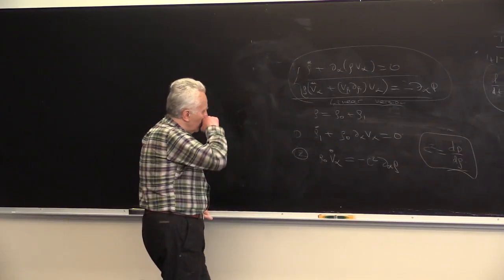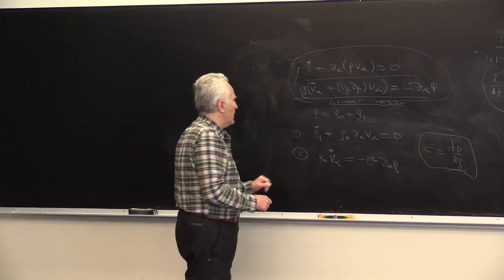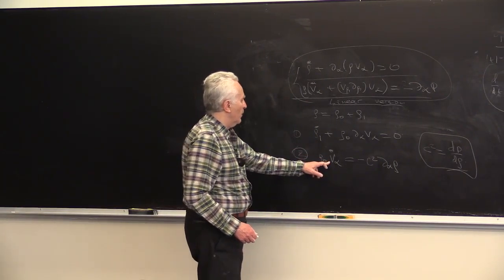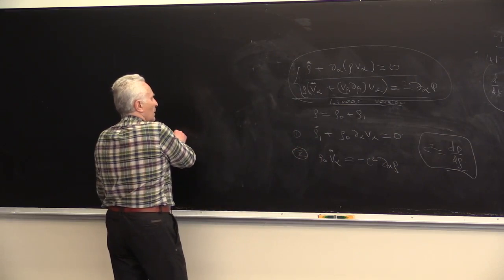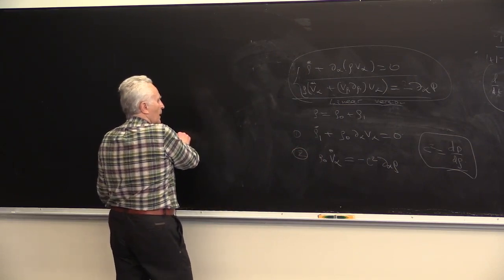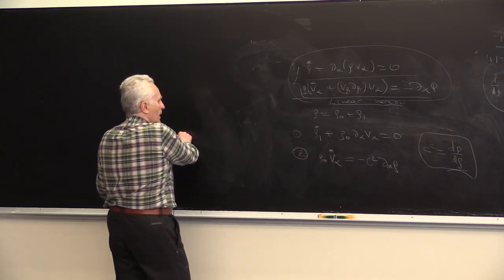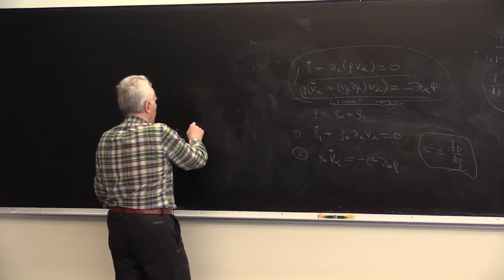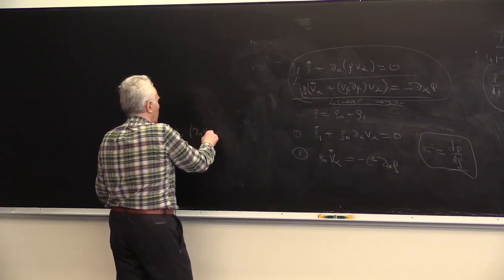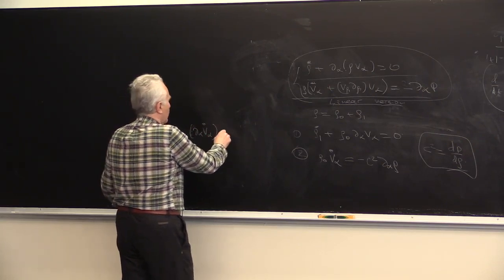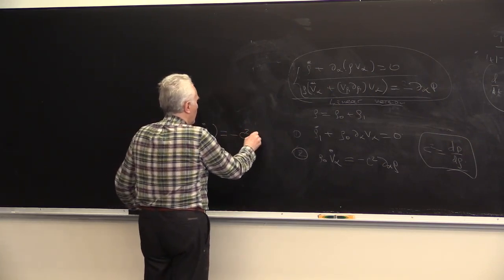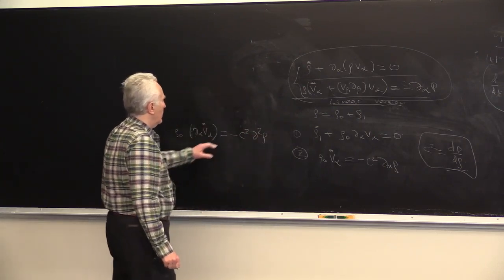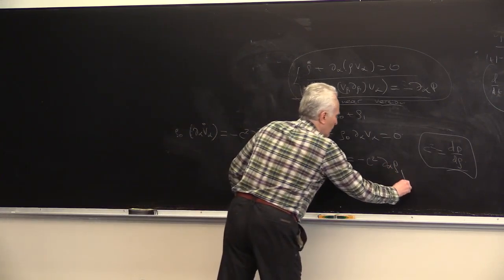All right, so we have this equation. To solve it, it's convenient to take the divergence of this. If we take the divergence, we get rho 0 d alpha v alpha dot is equal to minus c square Laplacian of rho, and it will be rho 1, of course.